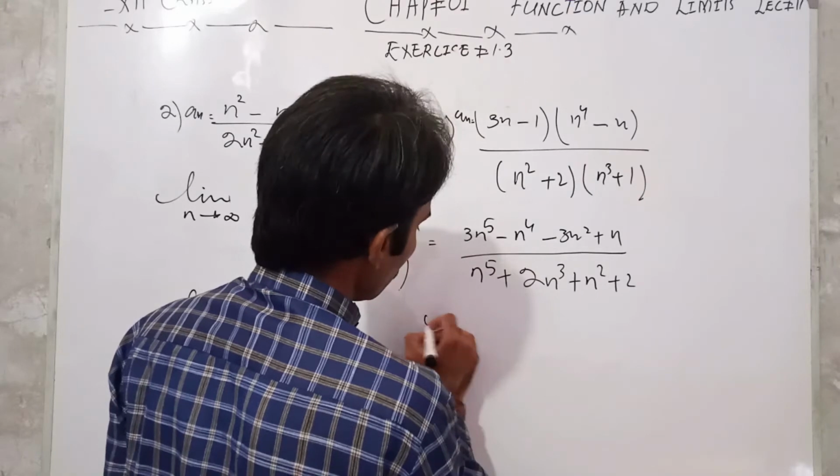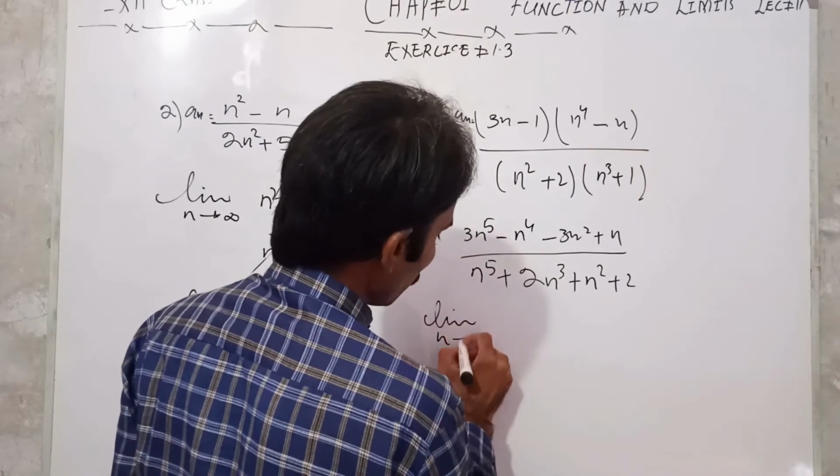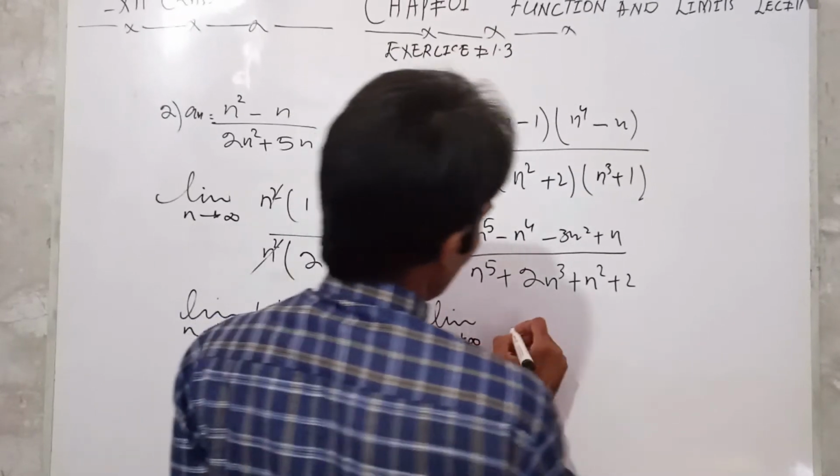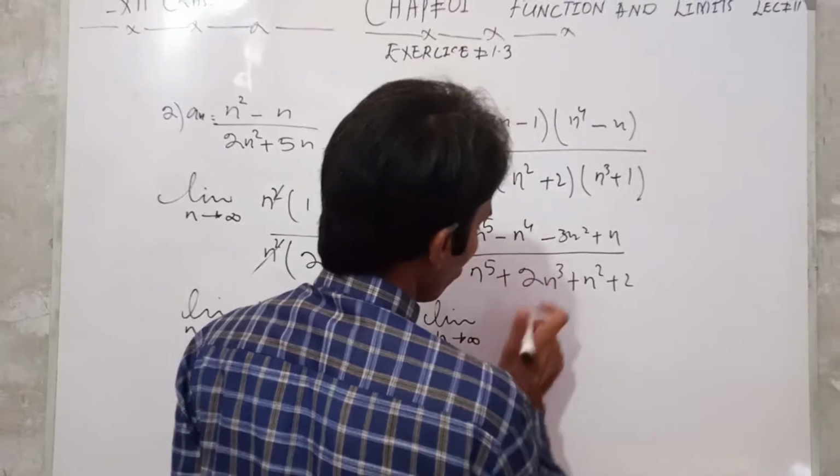We write the limit as n approaches infinity, as already understood, and we take the common n power 5.